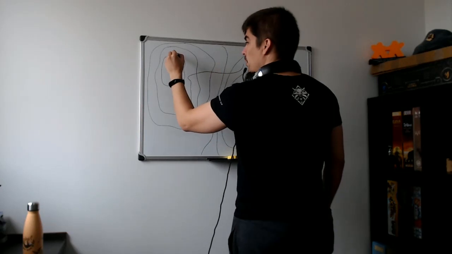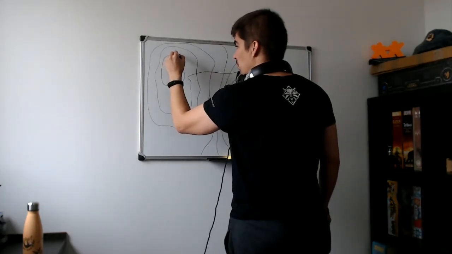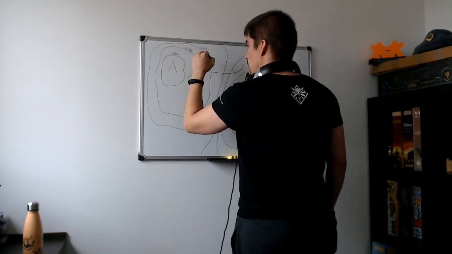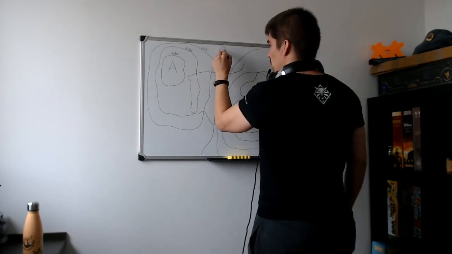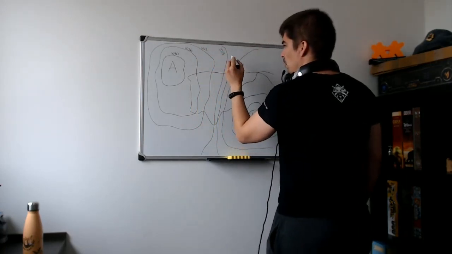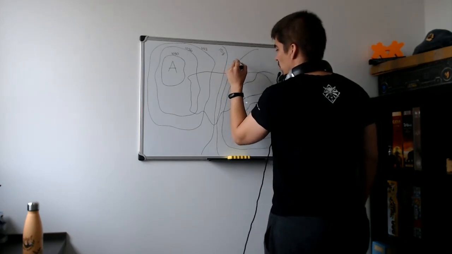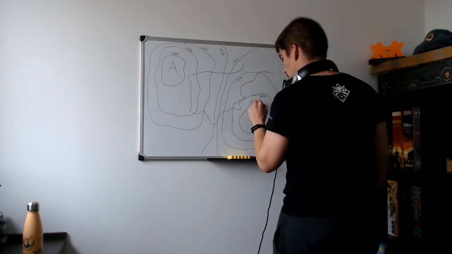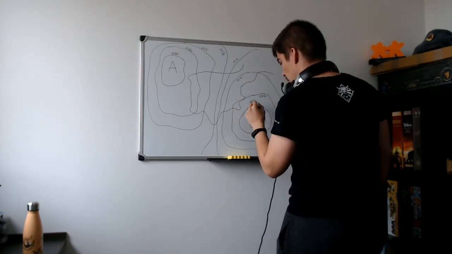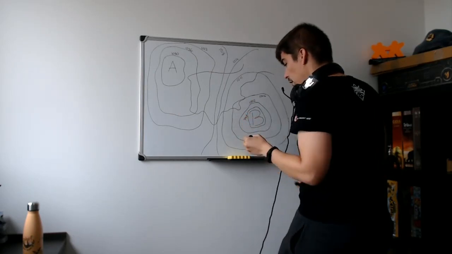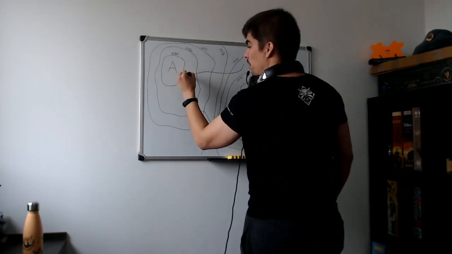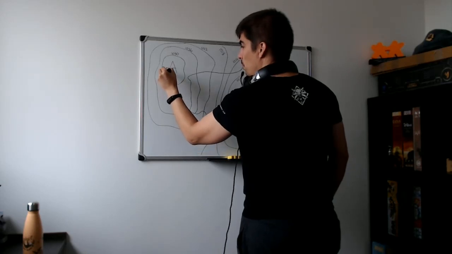For example, here, 998. This means that the atmospheric pressure in each of these points, for example, is 1030 millibars.